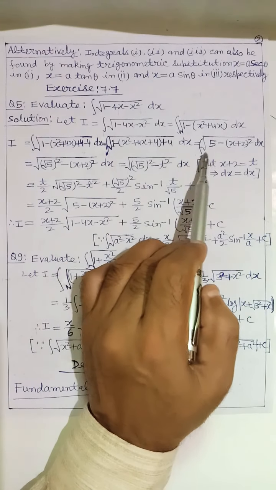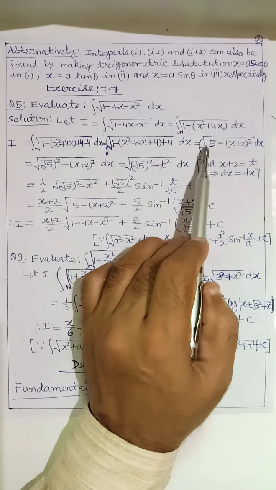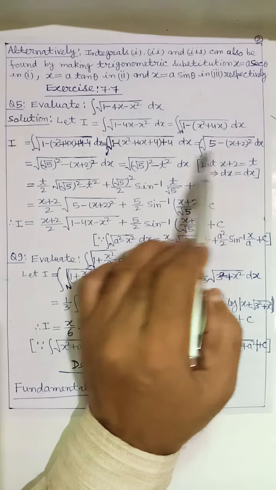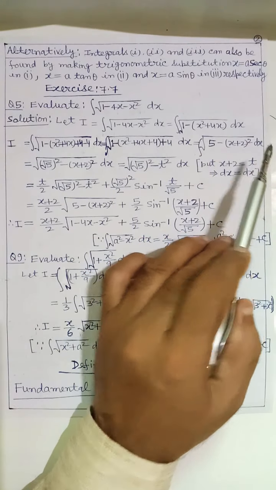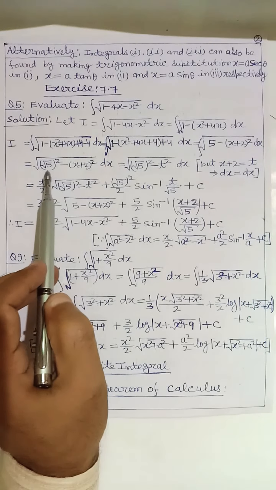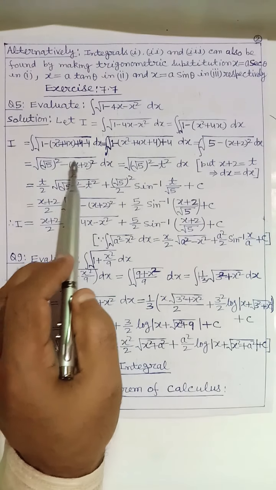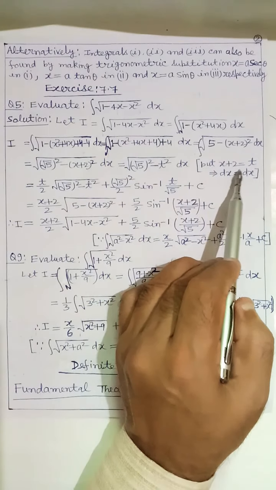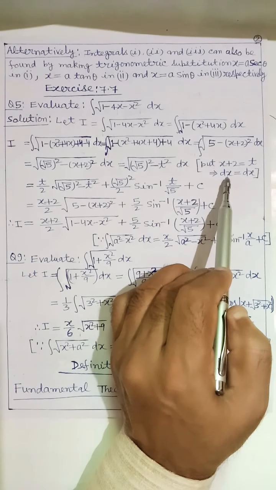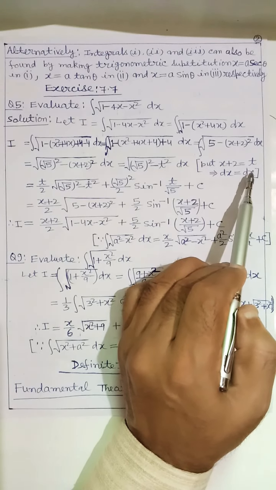And this is equal to integral of square root of 4 plus 1, 5, minus x plus 2 whole square dx. Here we use the substitution method, put x plus 2 equal to t, so dx is equal to dt.